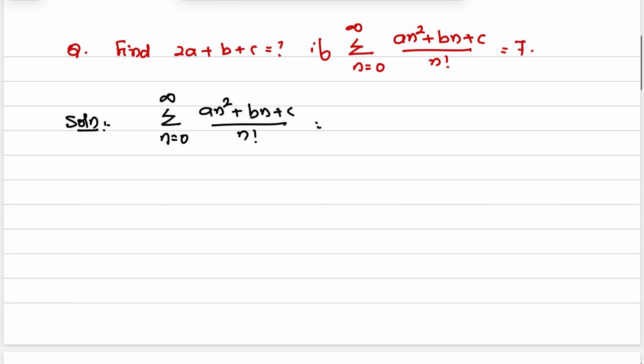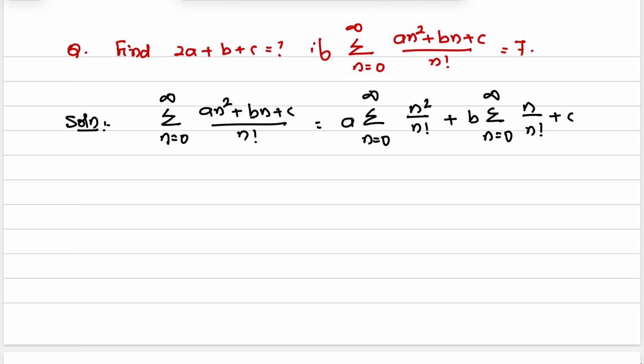This will be equal to a into sigma n is equal to 0 to infinity n square by factorial n plus b into sigma n is equal to 0 to infinity n by factorial n plus c into sigma n is equal to 0 to infinity 1 by factorial n.